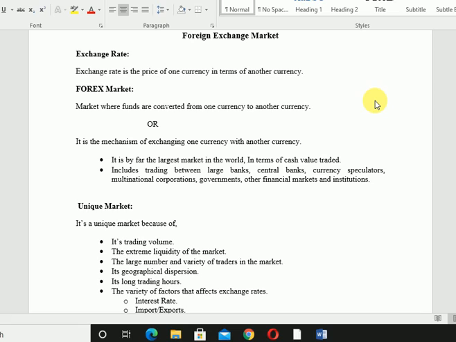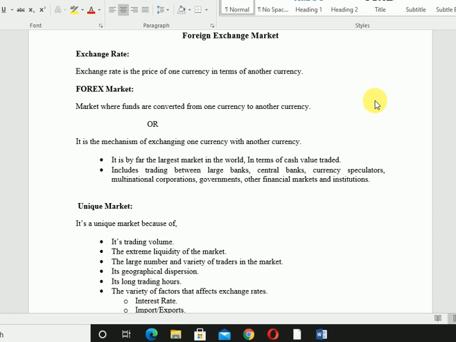Foreign exchange market, or this is also called forex market. That is a financial market where funds are converted from one currency to another currency, or it is a mechanism of exchanging one currency with another currency.